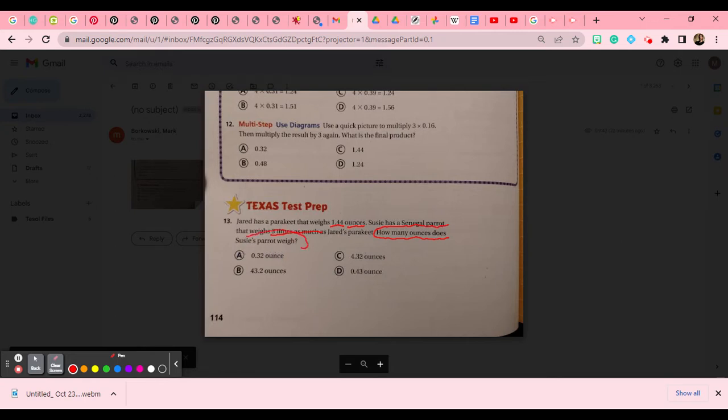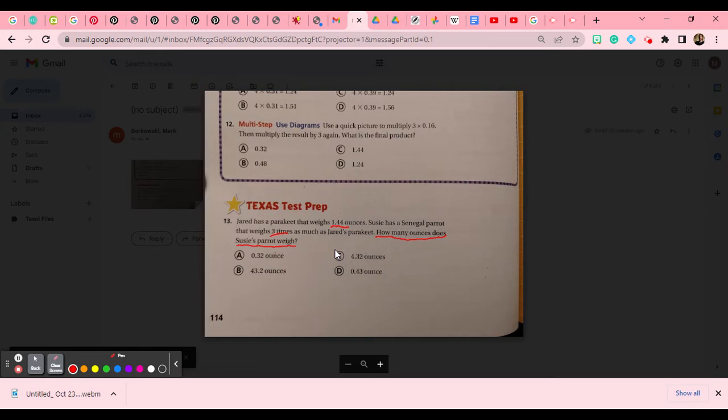Let me just underline that again. I'm just going to underline because I have a little challenge with my online pen control.